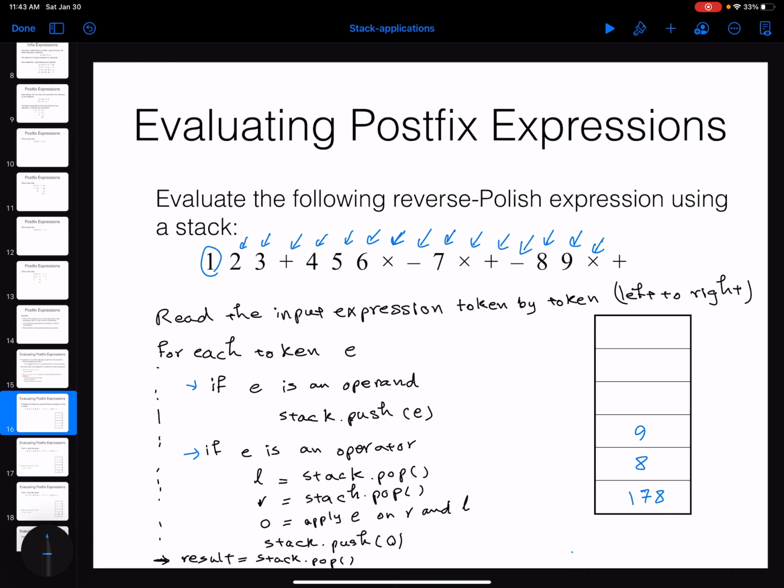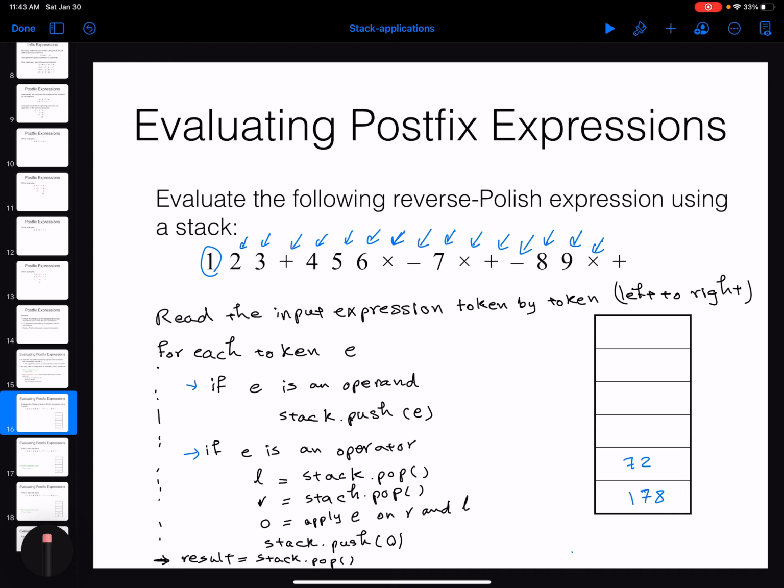The next token is an operator. You pop 9 and you pop 8, multiply them, and the result is going to be 72. It will be pushed to the stack.